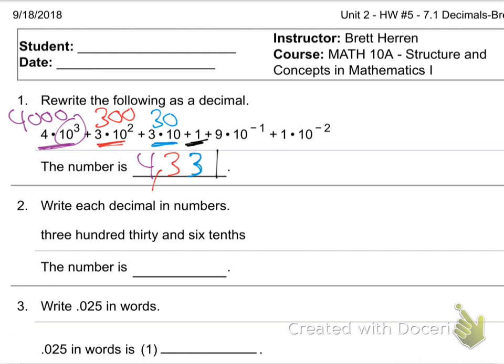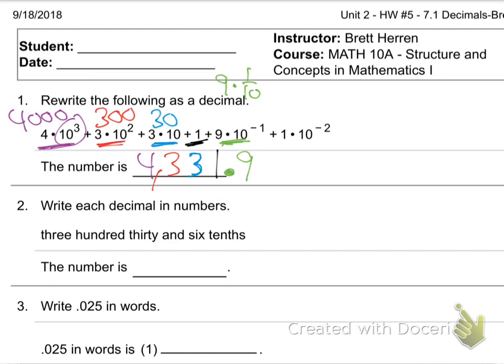All right, keep going. 9 times 10 to the minus 1. That goes after the decimal. That's 9/10, right? That's 9 times 1/10. That's 0.9, 9 in the tenths place. When you go to the right of the decimal, it's tenths, hundredths, thousandths.